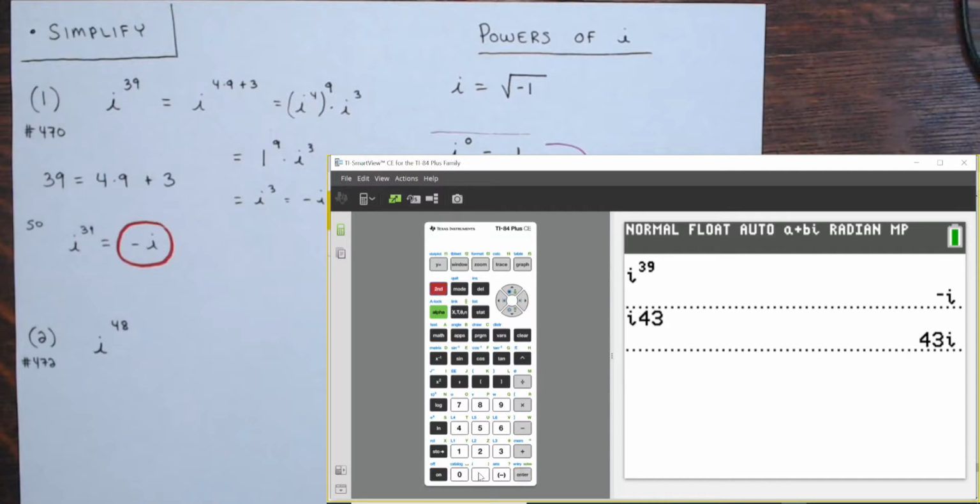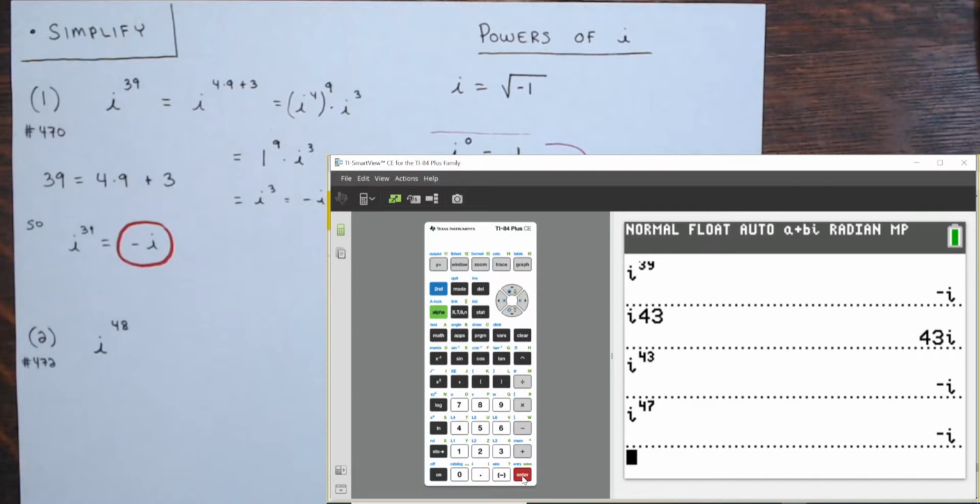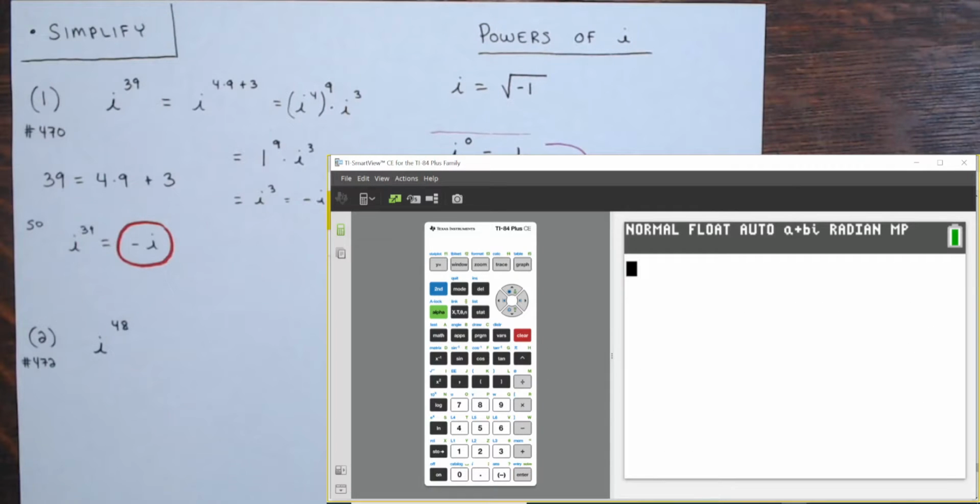Sorry, I put i times 43. i raised to the 43rd power would also be -i, right? i raised to the 47th power would also be -i, right? Again, you can just keep adding 4 and subtracting 4 from that power and get -i. Wonderful. Alright, so it worked out.